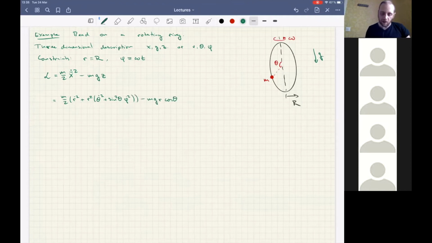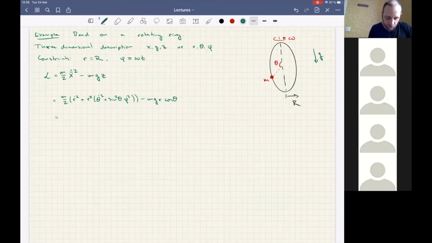What happens now when I insert these constraints is that r dot is 0, because my constraint is that r is a constant. Phi dot is going to be omega, because if I differentiate phi with respect to t, I get omega. And so I can just insert this here.